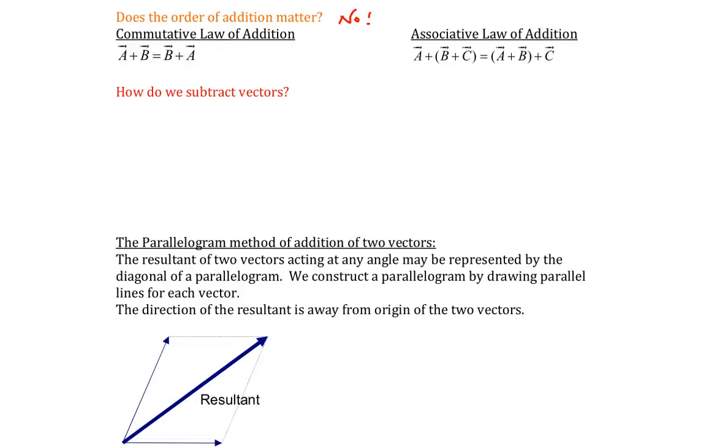Let's go a bit further now with our vector math and discuss how we subtract vectors. It is commonly asked in AP Physics to find the difference between two vectors. For example, we might have two positions in an x-coordinate plane, with position A here and position B here, an initial displacement here, x sub i, and a final displacement, x sub final.